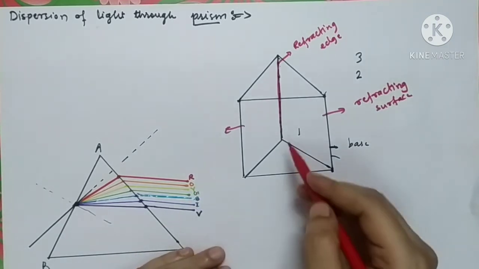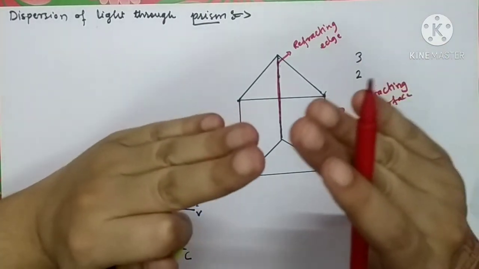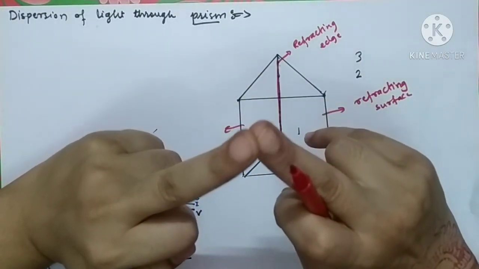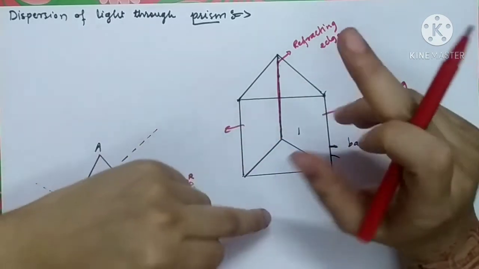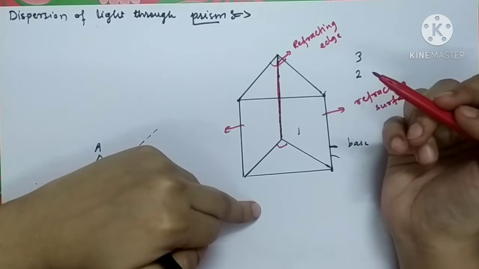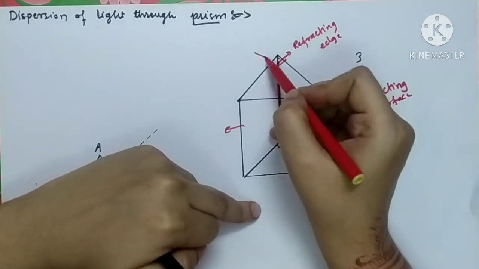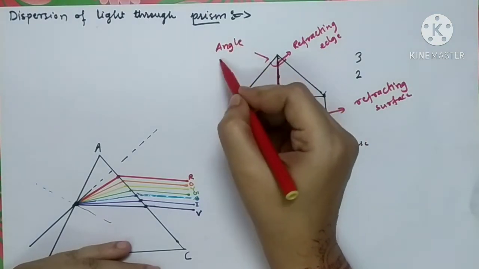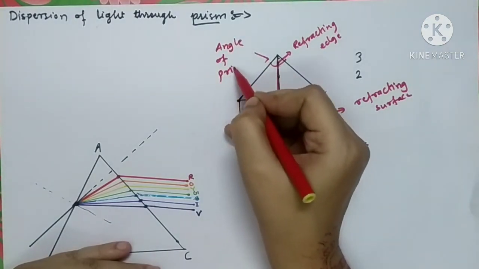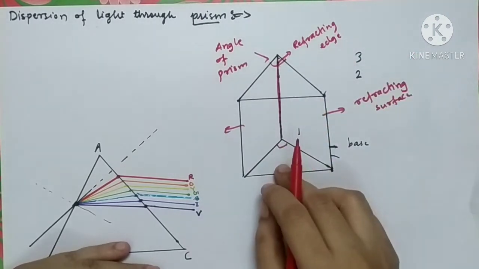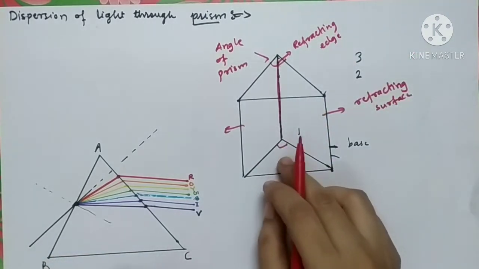These two refracting surfaces are inclined to each other through a certain angle. So the angle between these two refracting surfaces, this one, is called the angle of prism, or it is also called the refracting angle.